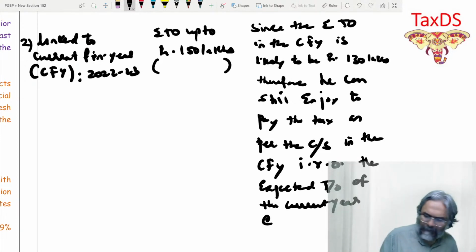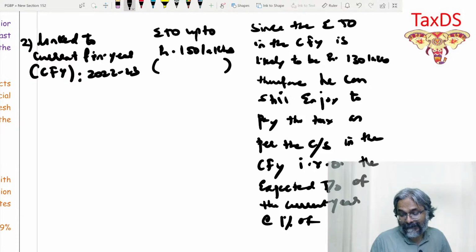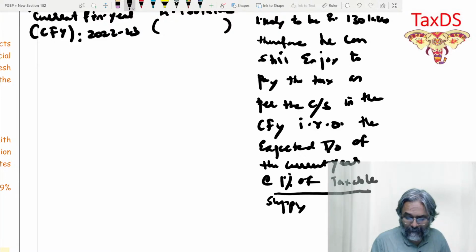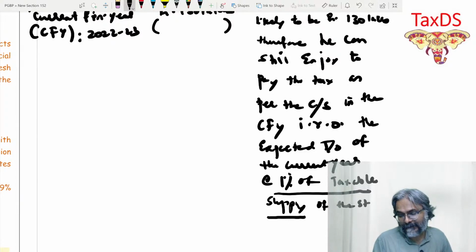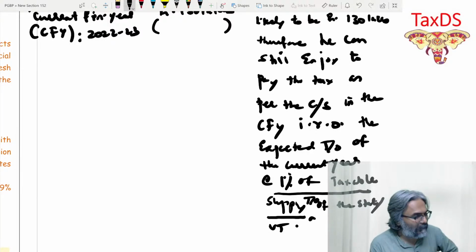If you want to write the rate, at 1% of the taxable supply turnover of the state or the UT.